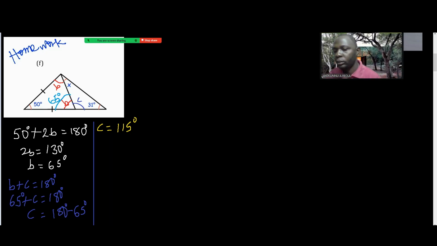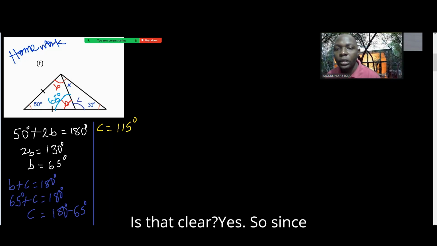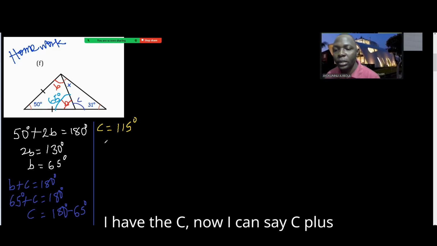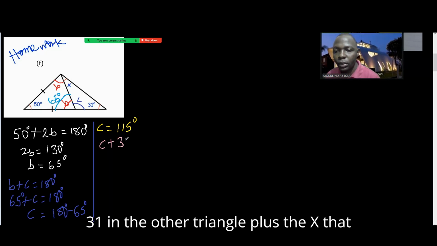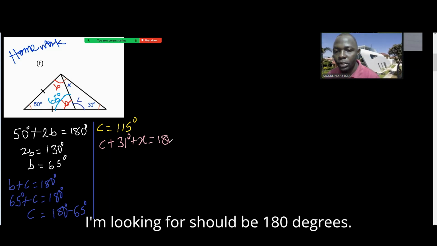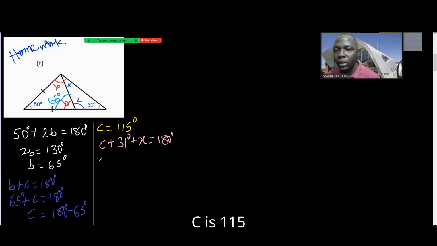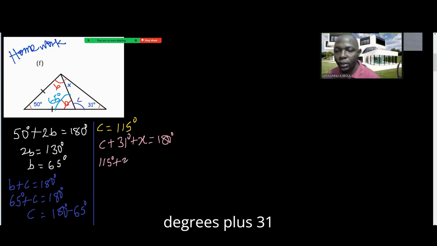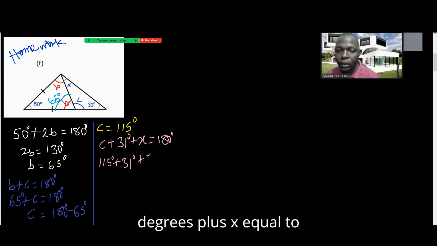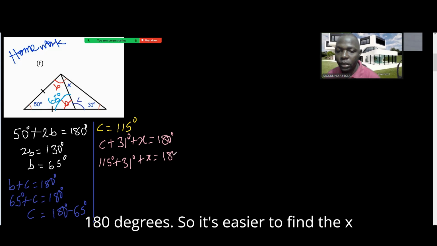Okay, is that clear? Yes. So since I have the C now, I can say C plus 31 in the other triangle plus the X that I'm looking for should be 180 degrees. So C is 115 degrees plus 31 degrees plus X equal to 180 degrees.